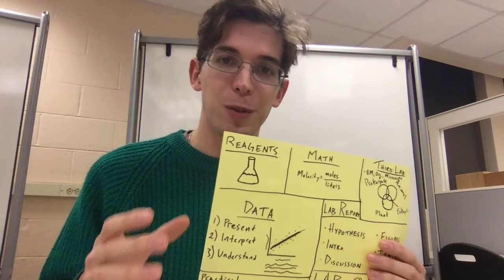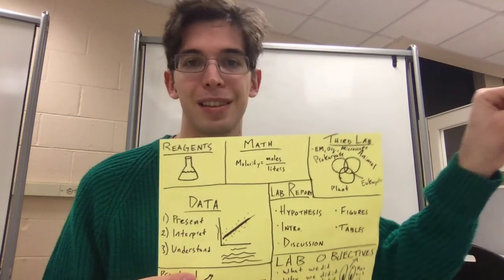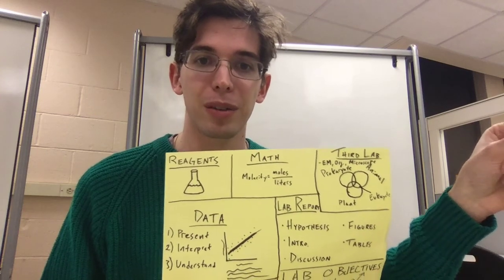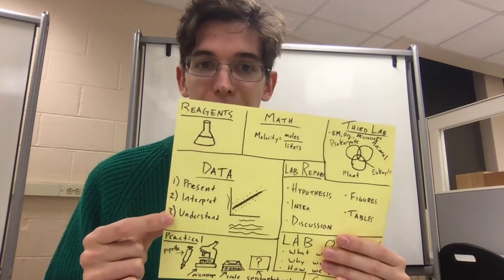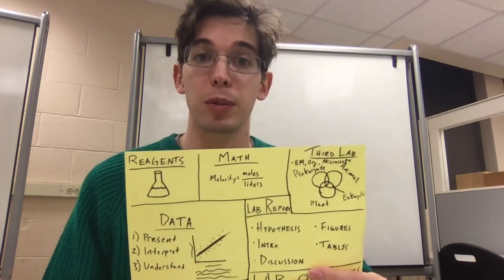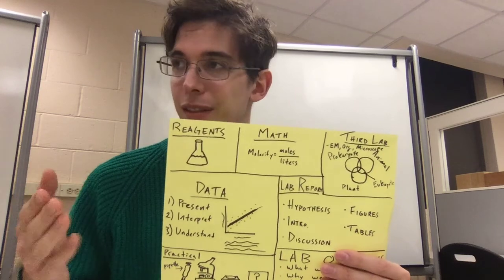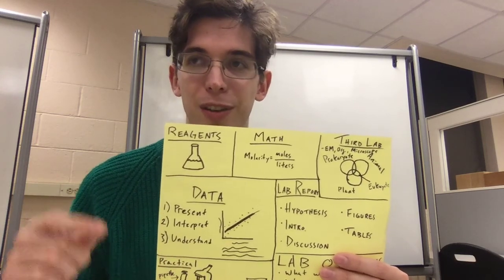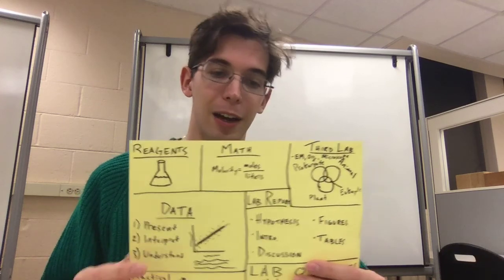You need to know how to make those, how to interpret the data, how to look at a graph and say, all right, this is the important thing that I would need to talk about. That's one thing we expect. And then understand why we use that graph. Why do we use an absorption spectrum? What about a standard curve? Why did we use the fermentation temperature graph to isolate what the optimum temperature is?